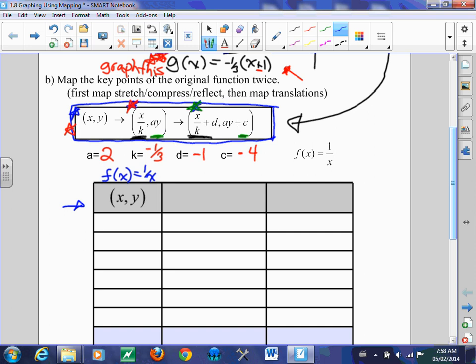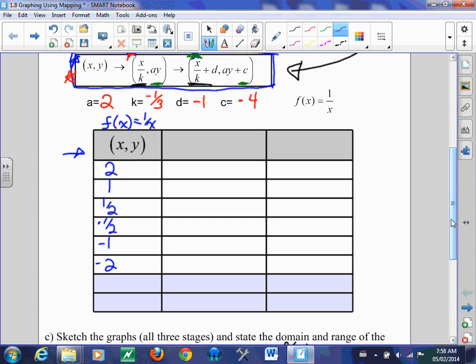So in the past, ladies and gentlemen, we've gone 2, 1. Now we could do 0, but you know that when you have a reciprocal function that's an error because of the asymptotes. So let's just stick in 1/2 here, and then I'm going to go negative 1/2, and then negative 1 and negative 2. The other two shaded ones at the bottom here, we're going to leave for the asymptotes, simply because the asymptotes are an easy way for you to graph reciprocals.